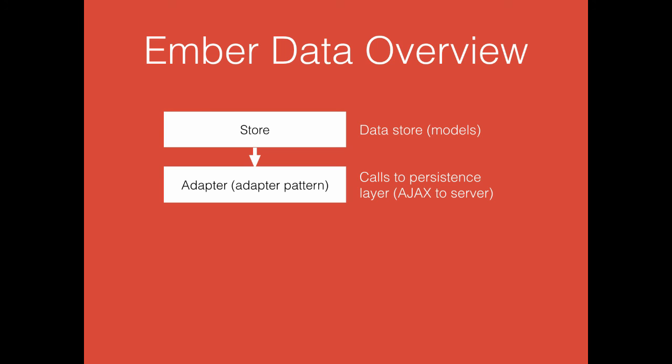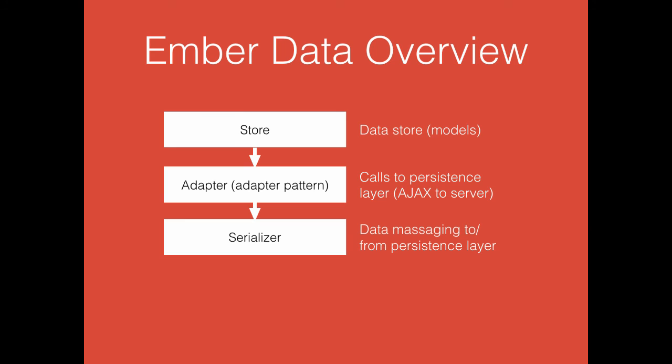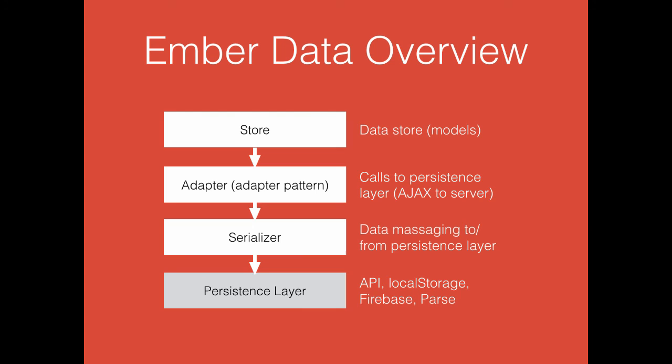Where do I get the data from? That's what the adapter is responsible for, translating how to get that data. Then there's the serializer, which deals with how that data is formatted when it's transferred between your API and your client side. And then your actual persistence layer, like your database or local storage.